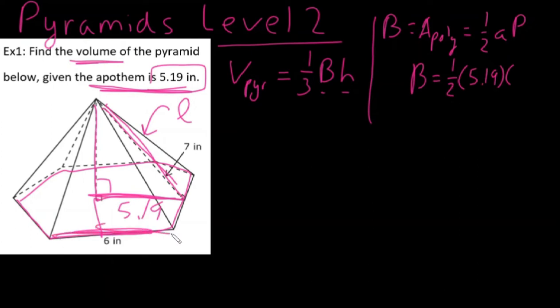So we have one side, 2, 3, 4, 5, 6, like we said earlier, and so our perimeter will be 6 times 6, the number of sides. And 6 times 6, of course, gives us 36. So I come back up here to perimeter, and let's fill in that 36.